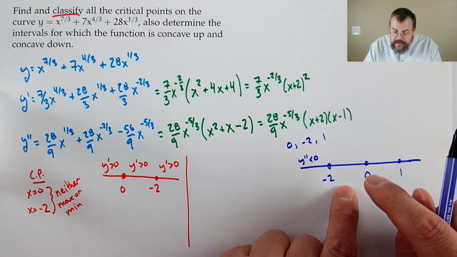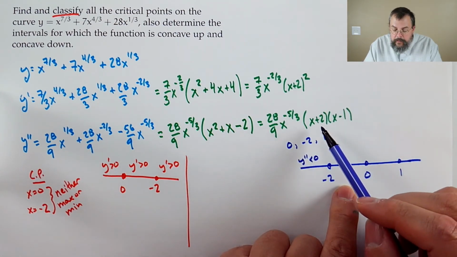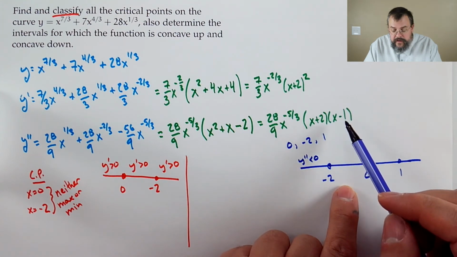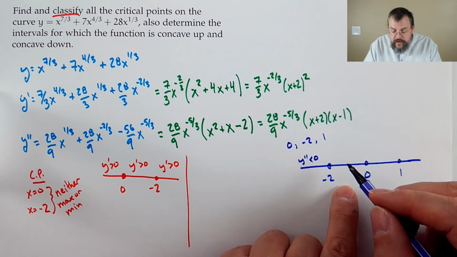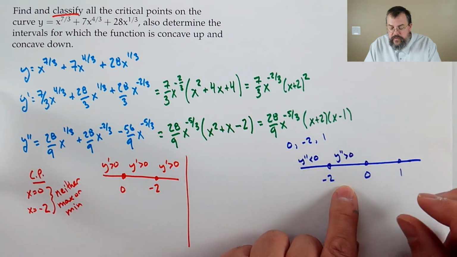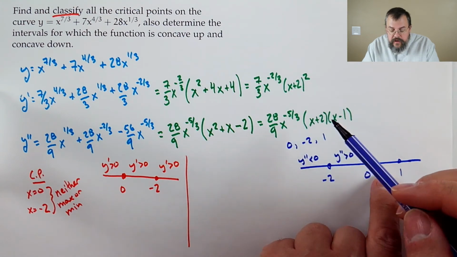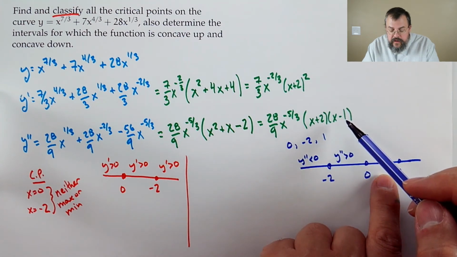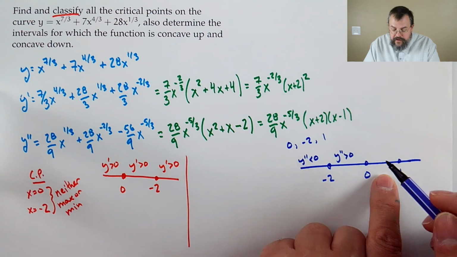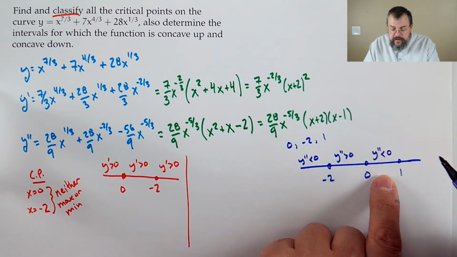If I plug in, say, -1: negative, positive, negative. So our second derivative is now positive. Say a half: positive, positive, negative, which means we're going to be negative.